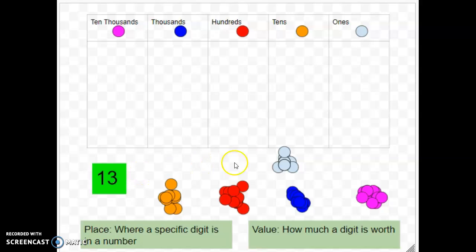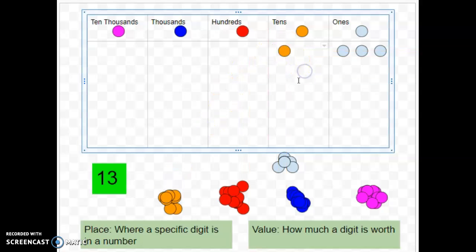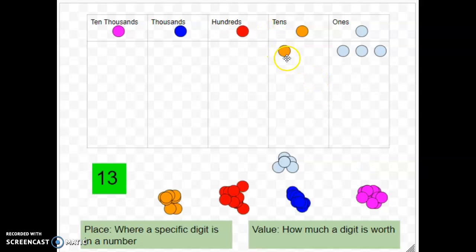So let's build this number: 3 ones, 1, 2, 3, and then you have 1 ten, which is the orange. So 1 ten here. You have the number 13. 1 ten, 3 ones. 13.